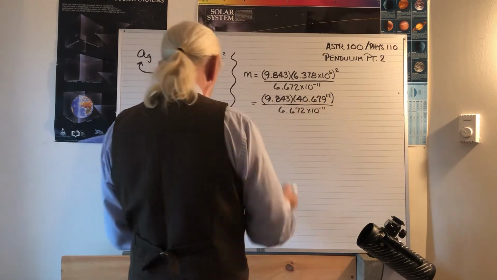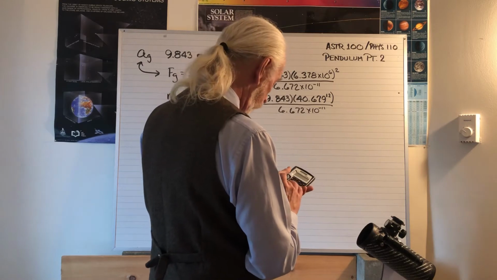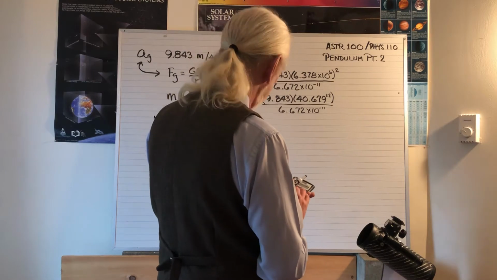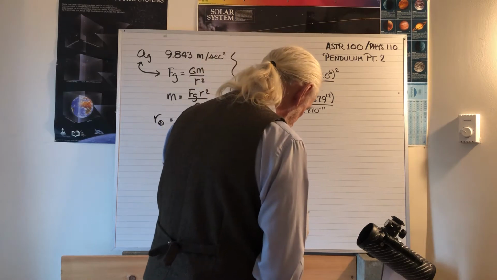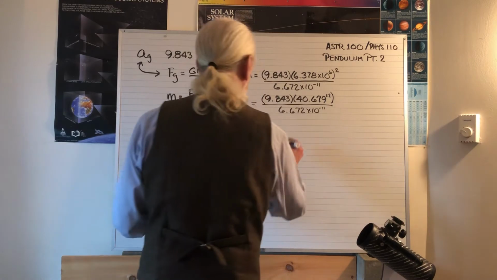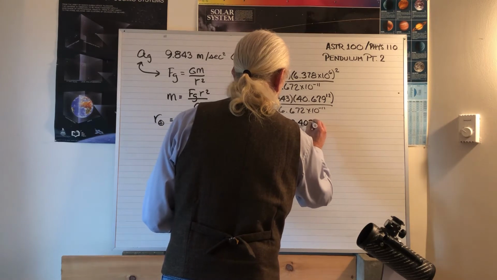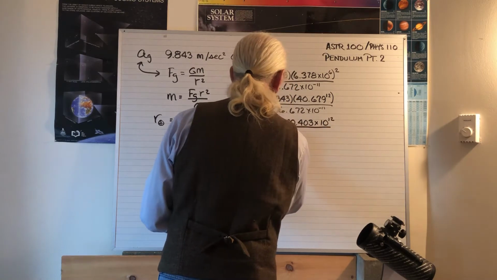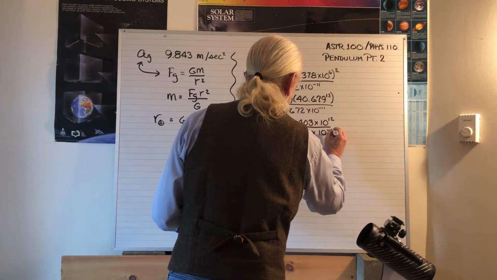Now I'll multiply these. 9.843 times 40.679. And I get 400.403 times 10 to the 12th over 6.672 times 10 to the negative 11.